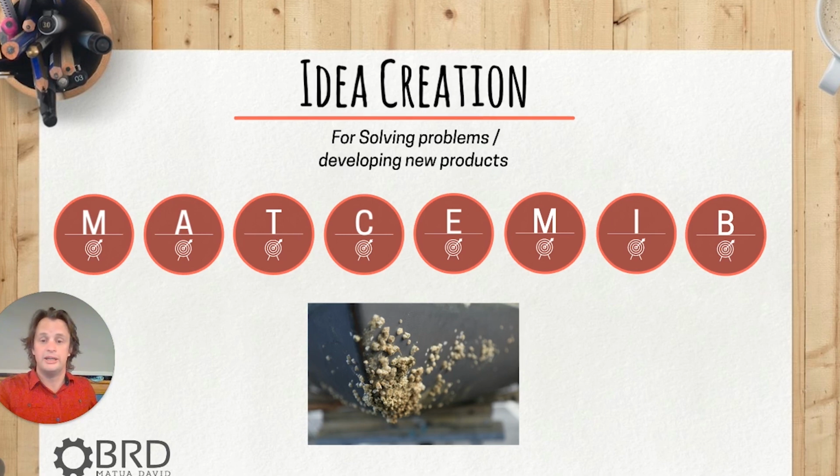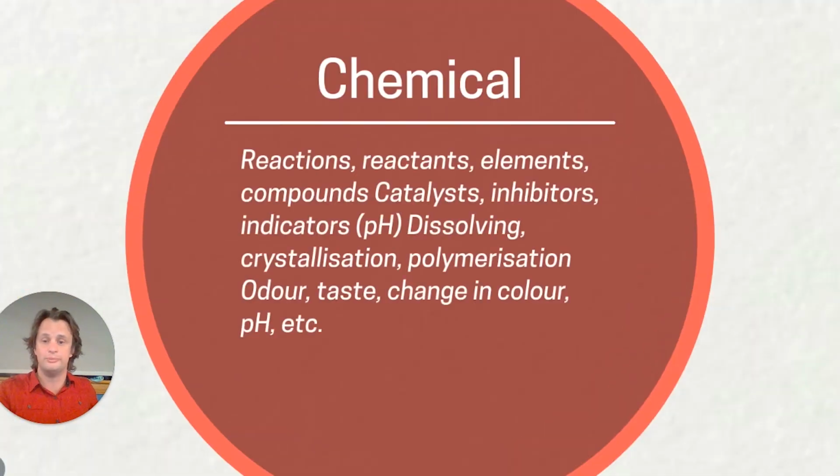Okay, C is for chemical. That all starts getting very theoretical at this point for you guys, but with chemical reactions, catalysts, straight up dissolving things, changing colors, using pH inhibitors to make a change to these barnacles, there's a whole bunch of different things that we can use there to solve this problem.